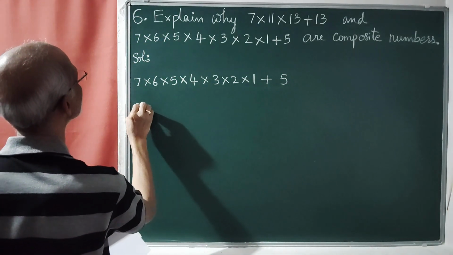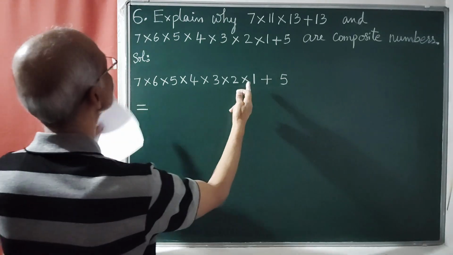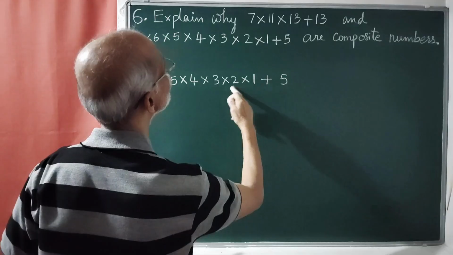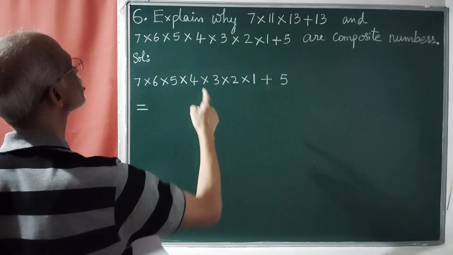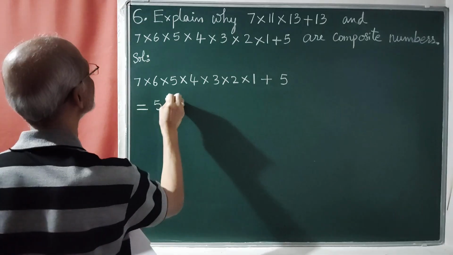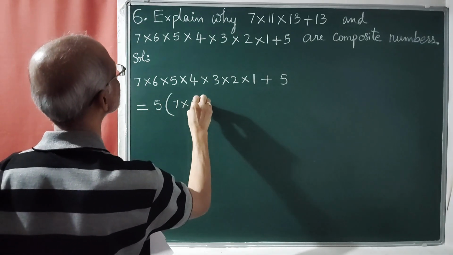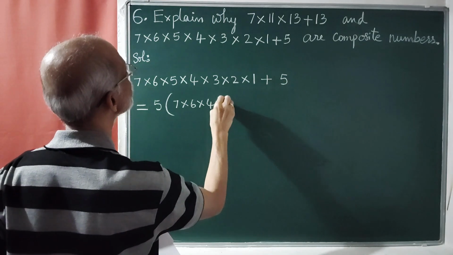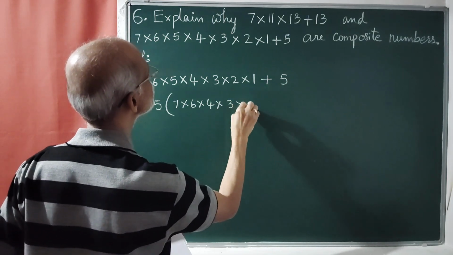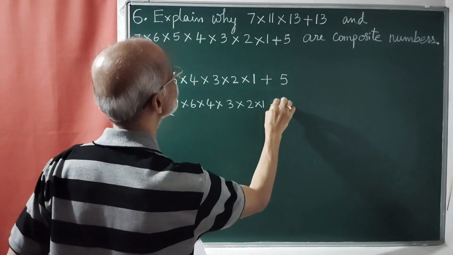You can see here there are two groups, and 5 is a common factor. So I'm taking 5 outside: 7 into 6 into 4 into 3 into 2 into 1 plus 1.